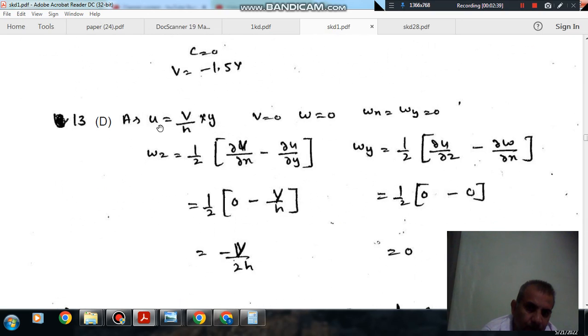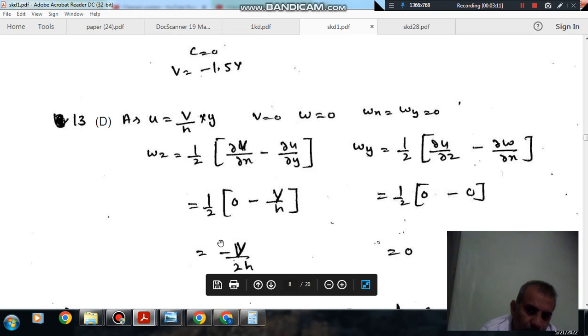So u is equal to V by h into y, and v and w are 0. Finding out omega x, omega y and omega z: omega z is 1 by 2 of ∂v/∂x minus ∂u/∂y. Here ∂v/∂x is 0 because v is 0, and ∂u/∂y is V by h.